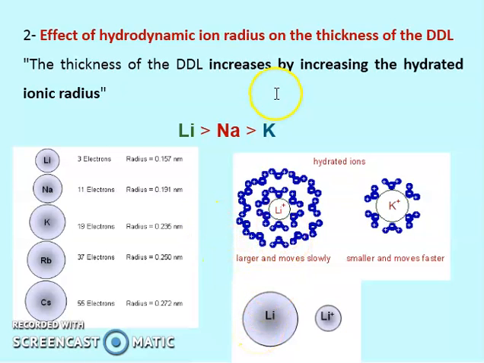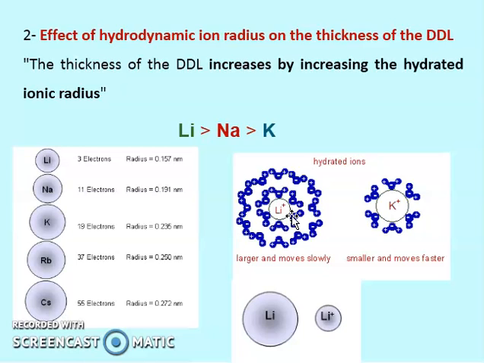So if you are talking about the ion radius, the lower the ion radius, the higher the electric double layer. However, if you are talking about hydrated ion radius, the higher the hydrated ion radius, the higher the electric double layer.